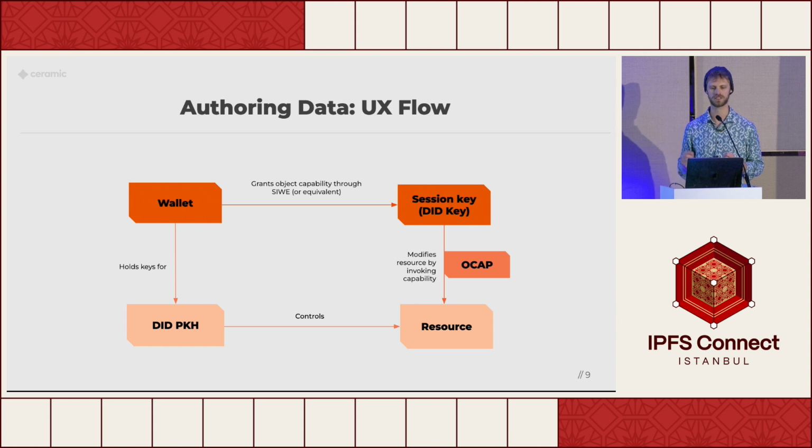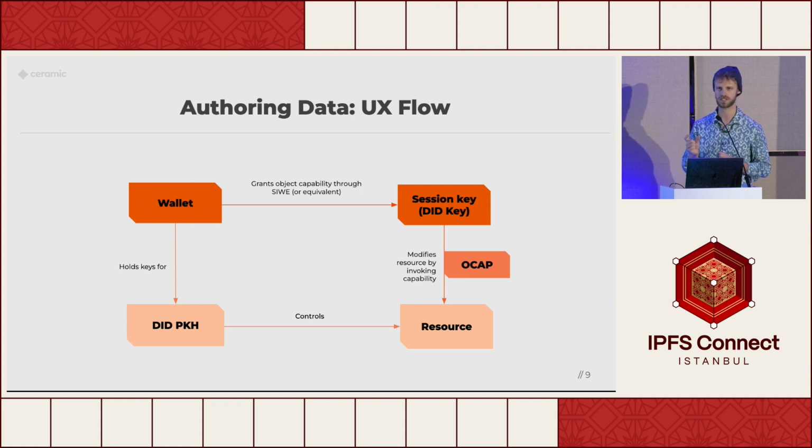And so the user signs this message. Most commonly, Sign-In with Ethereum is used. And this message contains the resource URL that the session key is allowed to edit and write to. Now, once the application gets a signed message back, the application can use the session key together with the signed message and invoke and make edits on that resource.